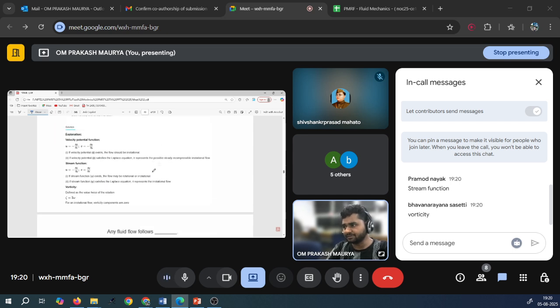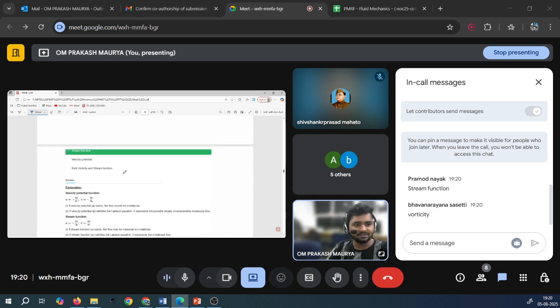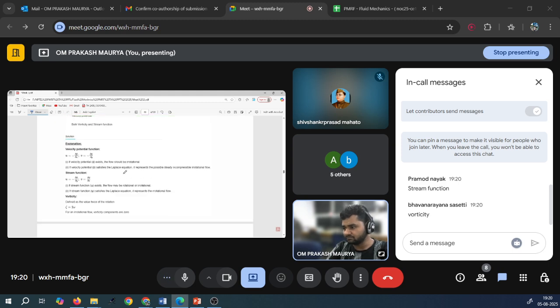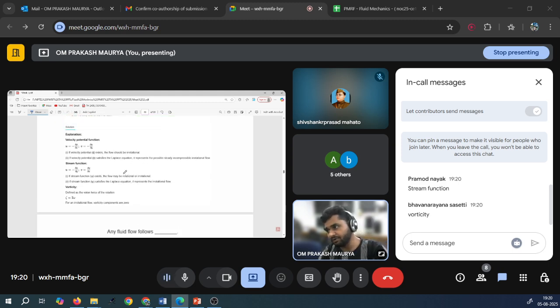So remember, here the option will be the stream function, yes, but how? This is also very important, how it will be the stream function. Let us first discuss your velocity potential function. You know already, the velocity potential function is related with your u and v, that is, the flow in the streamwise direction and lateral direction.